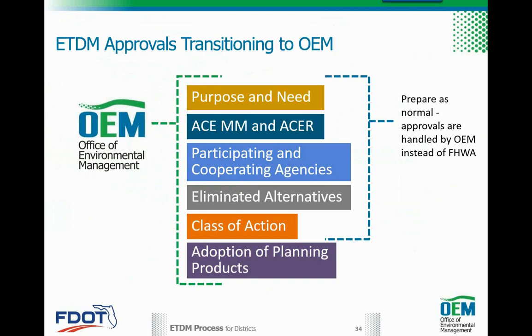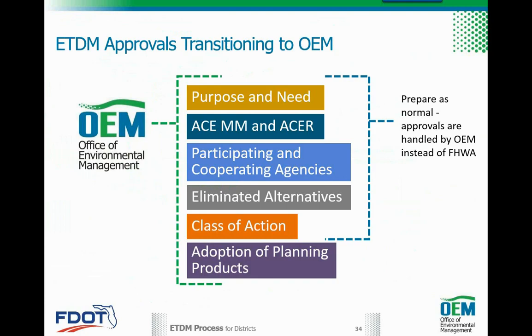There are approvals of an eliminated alternative or a class of action. All of those things are actively being done in all the screening events on the projects today. And just instead of the email going to FHWA, the email comes here. Other than that, it doesn't change at all.